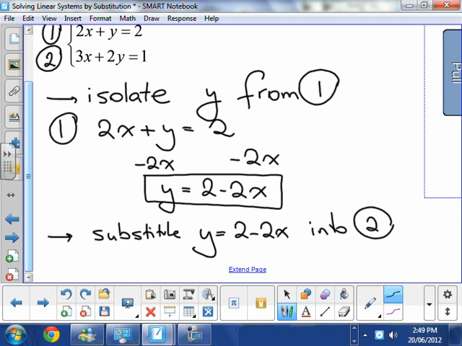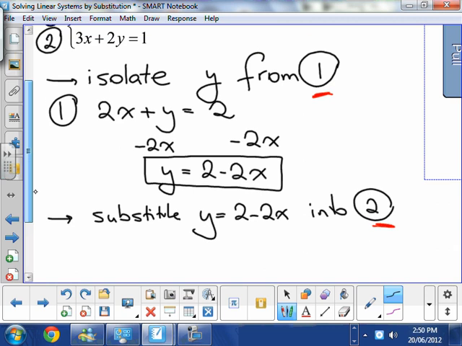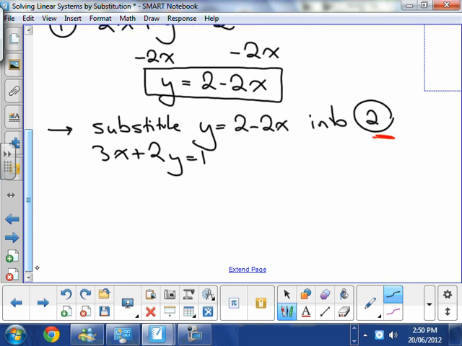Please notice that I isolated from 1 and I substituted into the second one. Okay, so my second equation is 3x plus 2y equals 1, but y has a new name, and the name is 2 minus 2x.